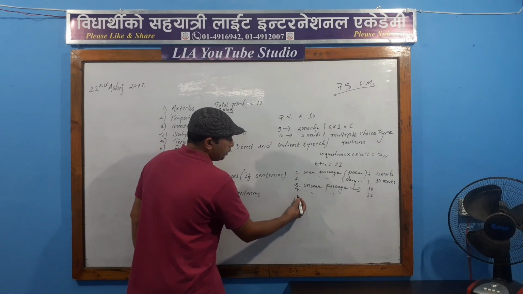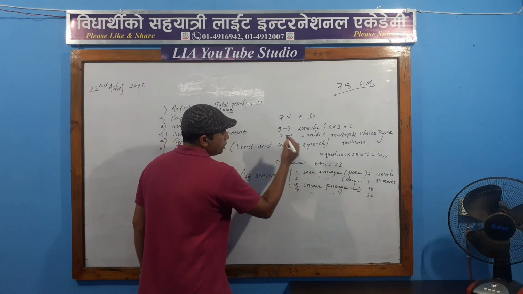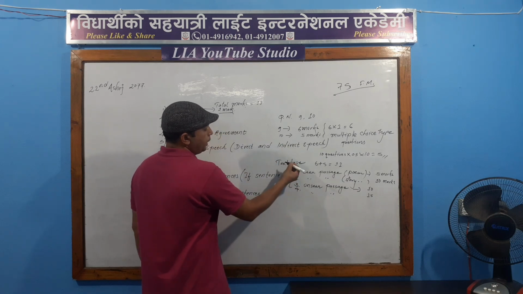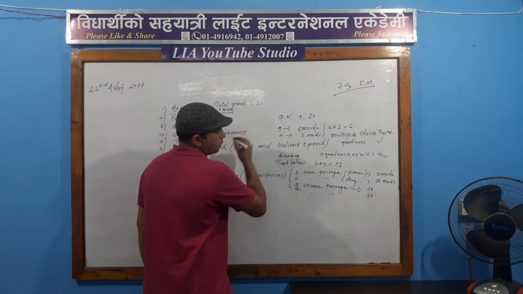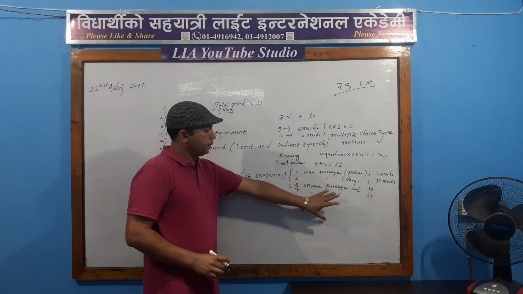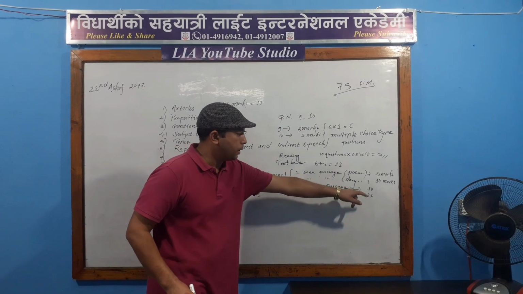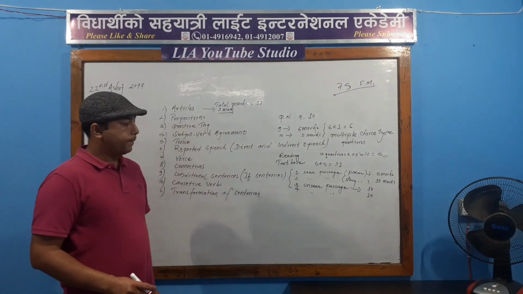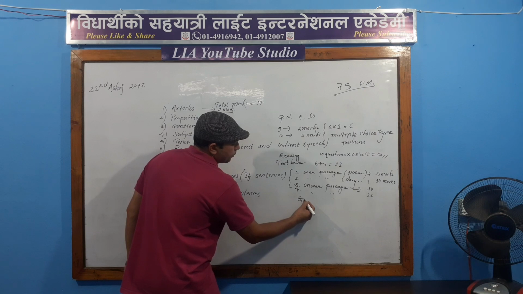So now these are the text-based questions. We also say reading. From the reading course, this will be asked for 40 marks. Now question number 5, it is called guided writing.